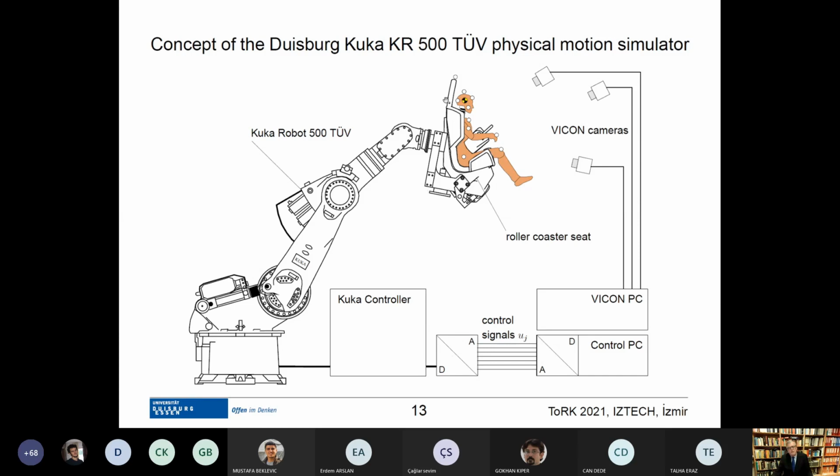The German technical safety agency cleared the system. And I must say that a lot of the cost was just taking care of these safety systems. We are using a roller coaster seat here because we have cooperations with a roller coaster company, which are safe.